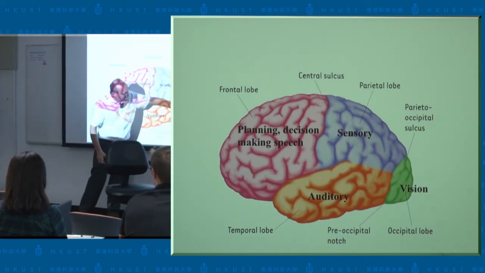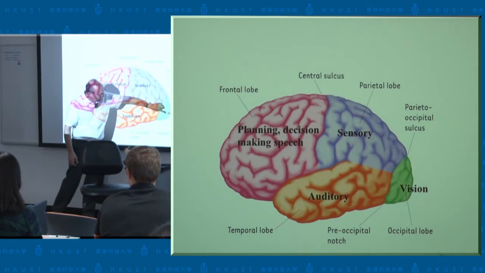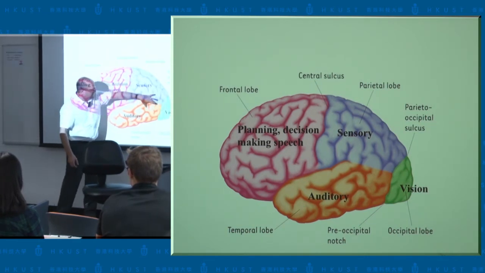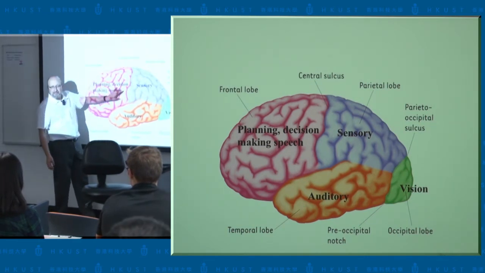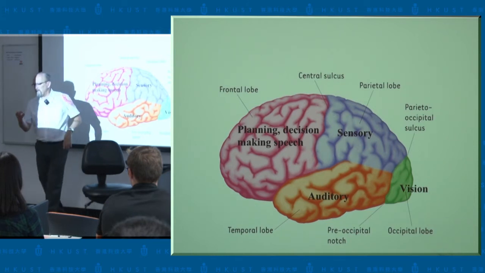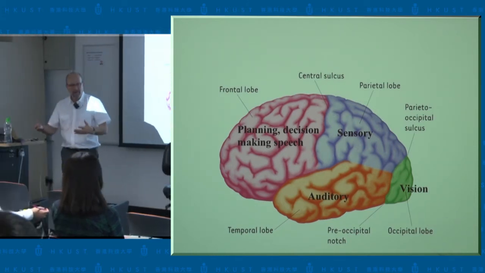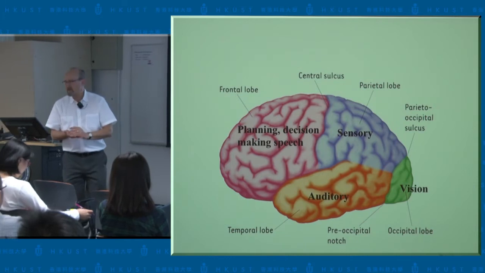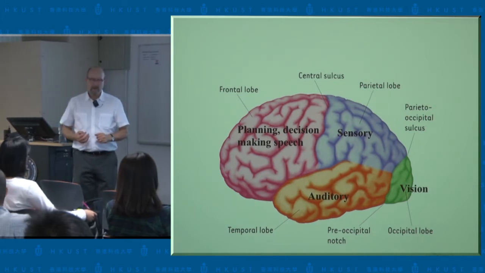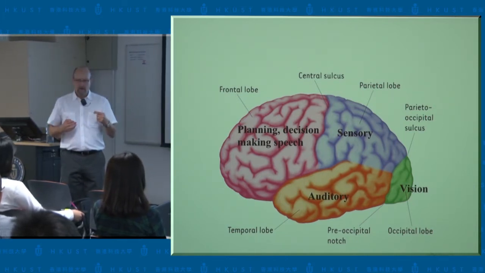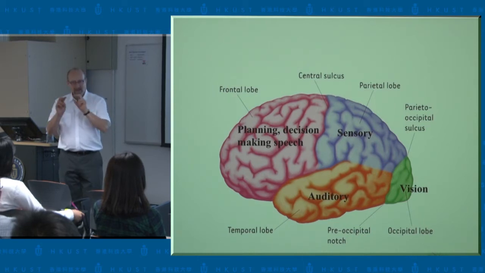Visual processing is here. Visual information and auditory information come in and are processed in here for your ability to follow a talk, to speak multiple languages. I was talking to Yiming earlier that as you learn different languages, those languages are parked in different parts of your brain.